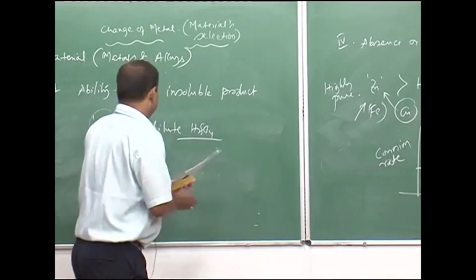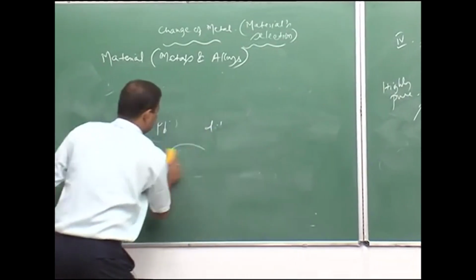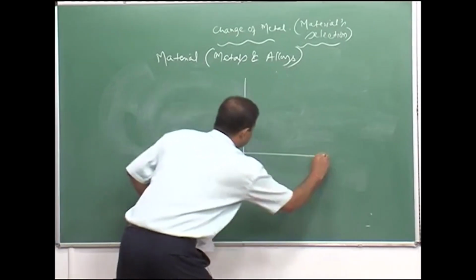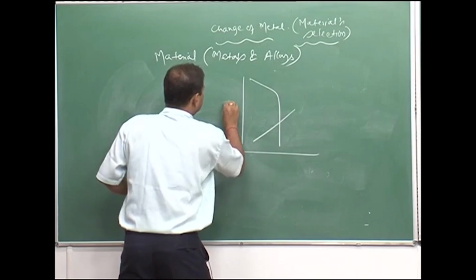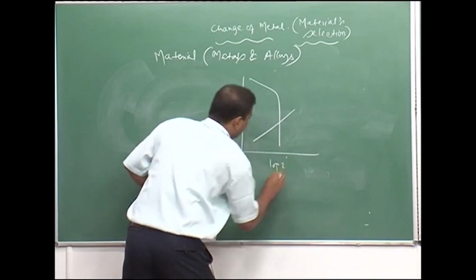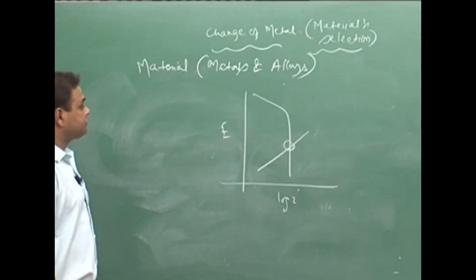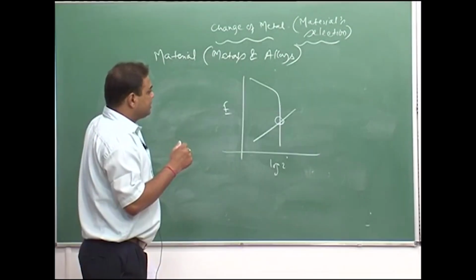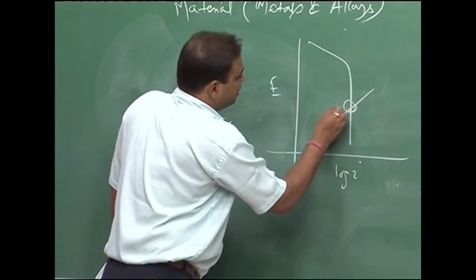For example, if the corrosion is concentration polarization controlled, this is my E versus log I, where I see that the corrosion is concentration polarization controlled, then whether we have a cathodic site or not, we do not see much change in the corrosion rate.